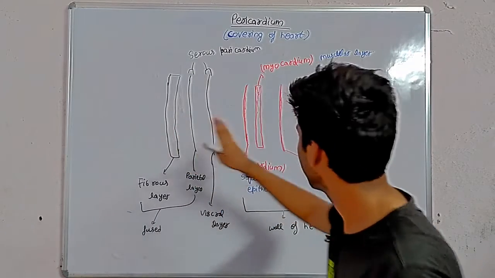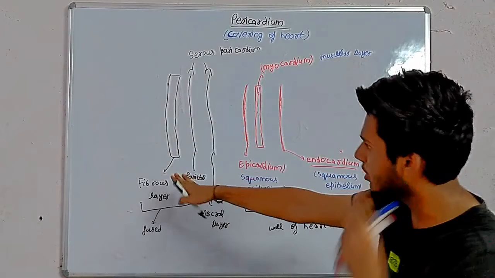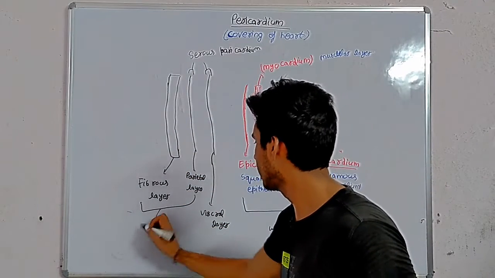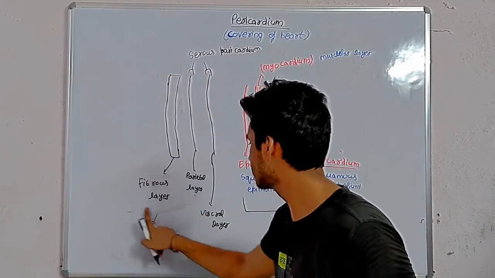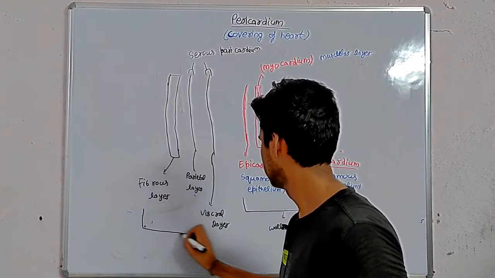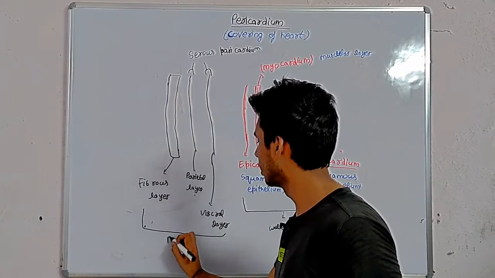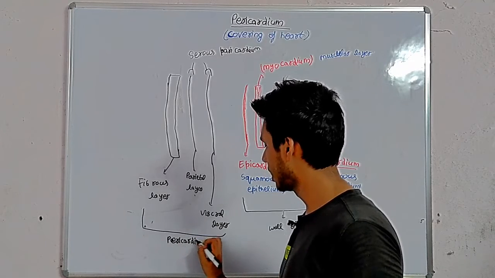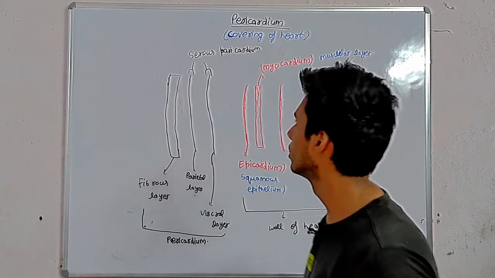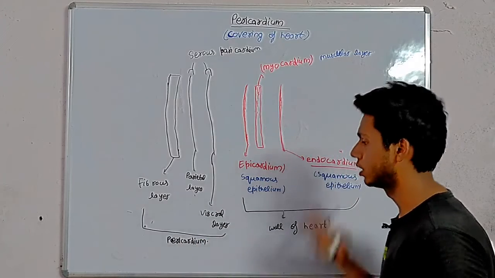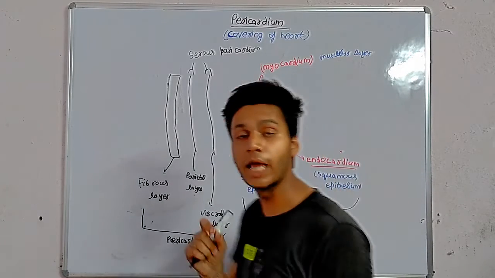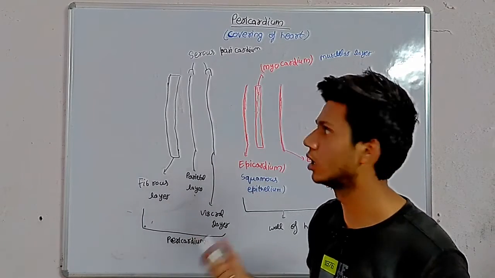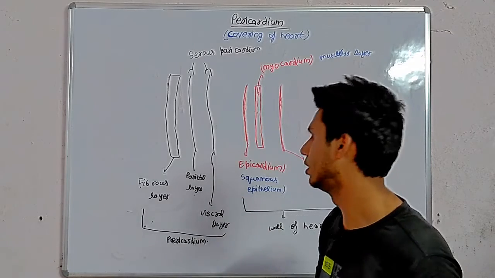So there are 9 layers formed. These 3 form the pericardium of the heart. It also extends to the vessels of the heart, like the superior vena cava, the arch of aorta and the pulmonary trunk.